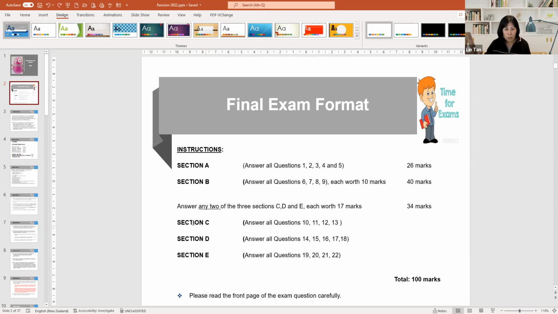Each of those sections carries 17 marks. Different marks are allocated for each question, and they are all shown on the exam paper. And lastly, be very careful: you should read the front page of the exam paper carefully. Those are the instructions, so don't forget to read them.